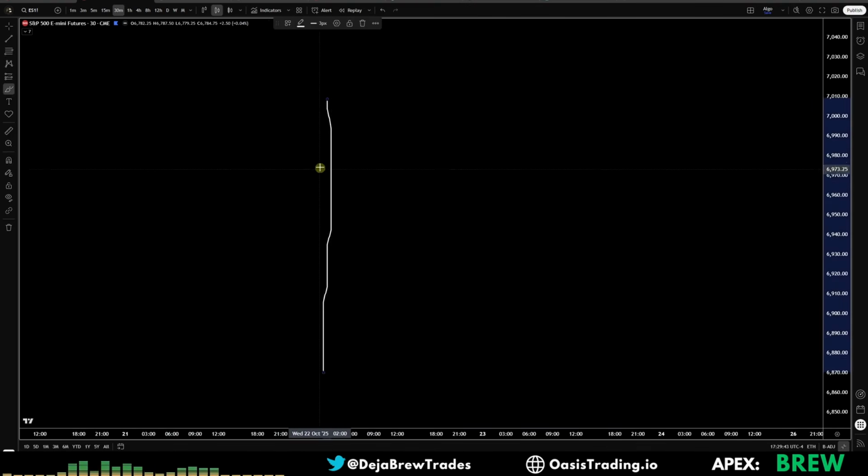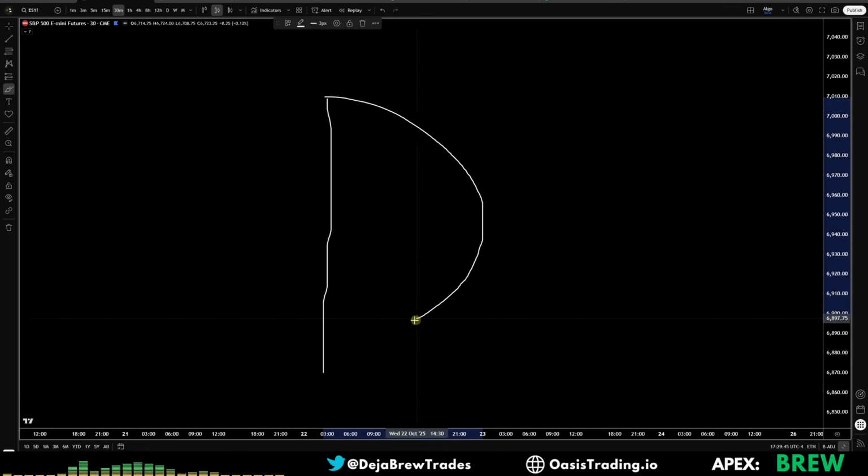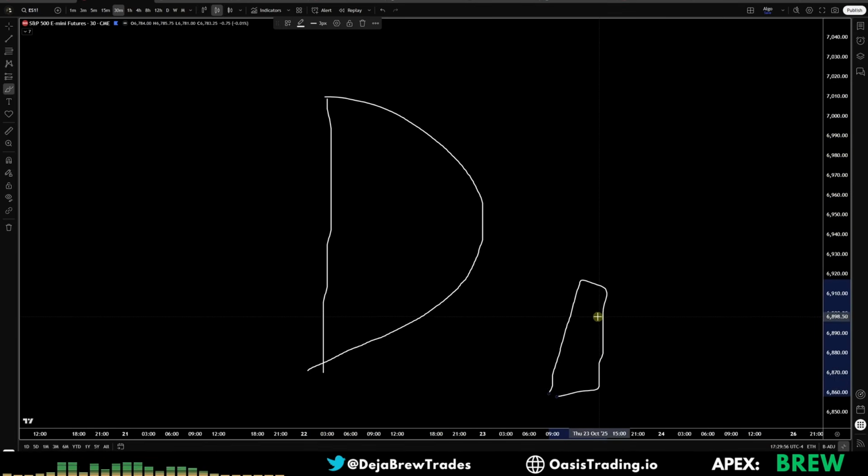So when we look at a profile, we're looking at volume on more of a horizontal scale against your price axis, instead of a vertical scale that you're used to seeing volume displayed.